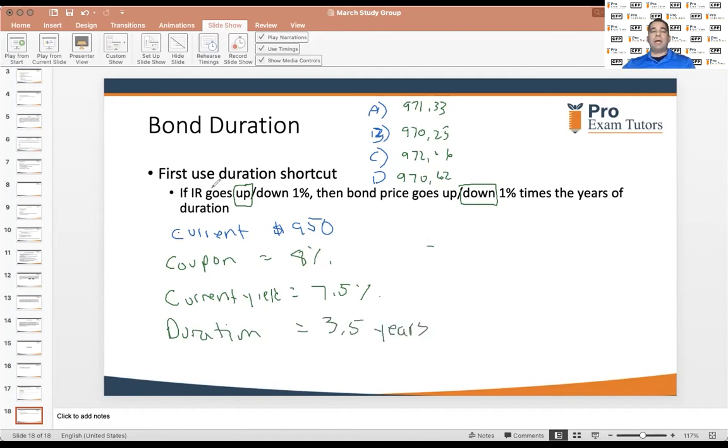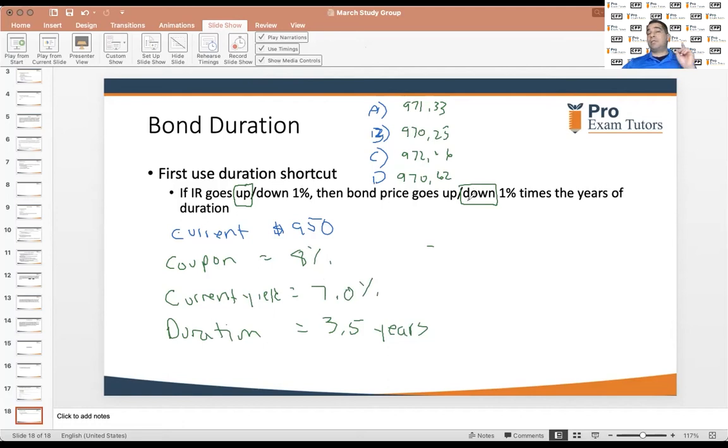So what's happened to our interest rate? It's gone down by, let's make this a little easier, 7%. The interest rate has gone down by 1%.